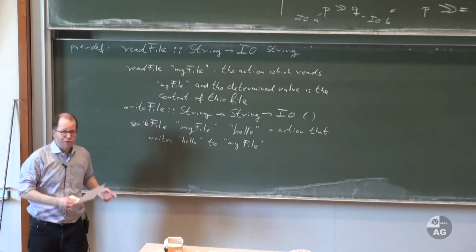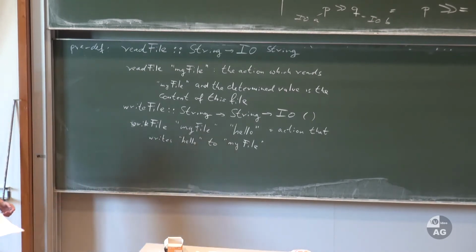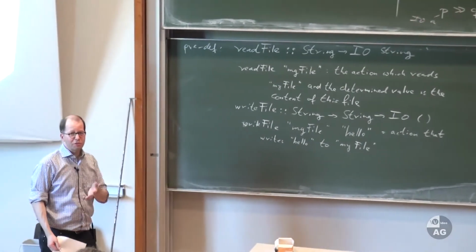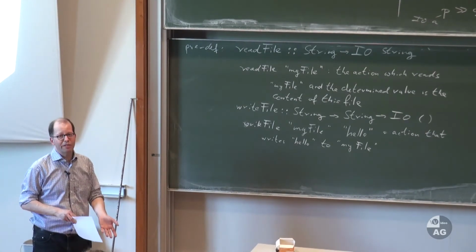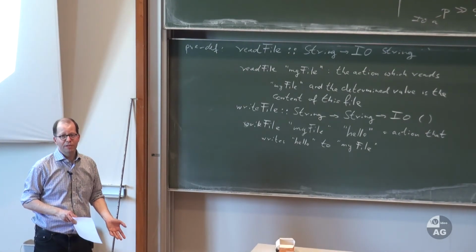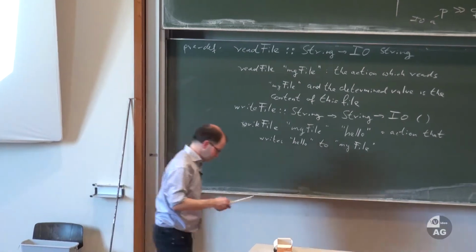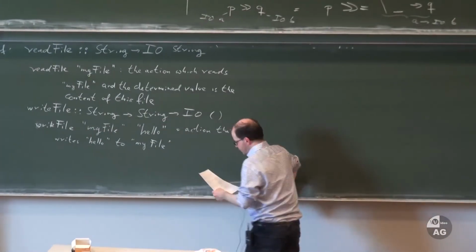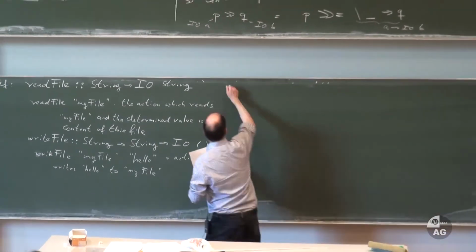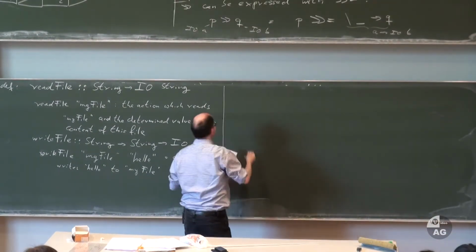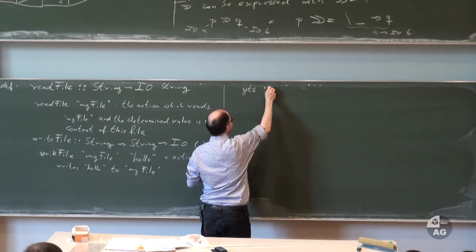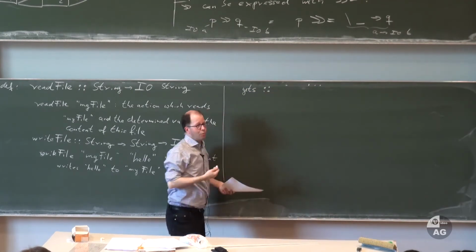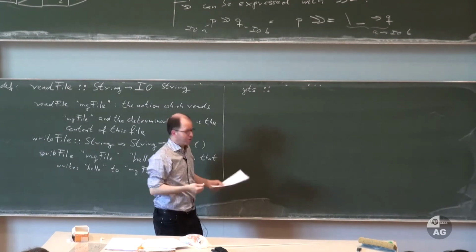Okay, now back to your questions. How can I write interesting programs? So the first question was what happens if I don't want to read just one character, but I want to read two characters without printing them out in between? So let's do this. And let's do not only reading two characters, but let's read n characters. So let's write a function gets. And gets doesn't only get one character, but it may get 2 or 3 or 4 characters.